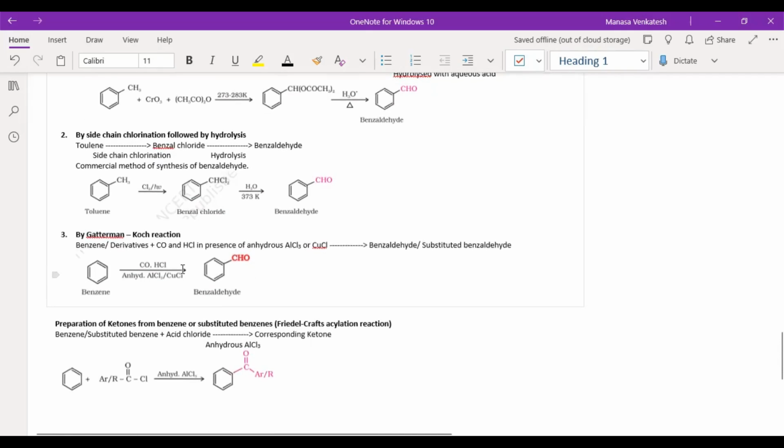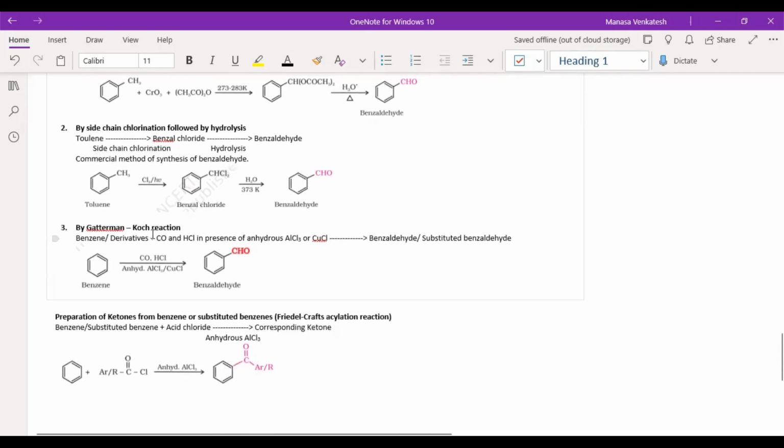And the last method is by Gattermann-Koch reaction. Now, Gattermann-Koch reaction involves benzene or its derivatives reacting with carbon monoxide and HCl, in the presence of anhydrous AlCl3 or CuCl. And this gives us benzaldehyde, or substituted benzaldehyde based on the substitution of the benzene ring.